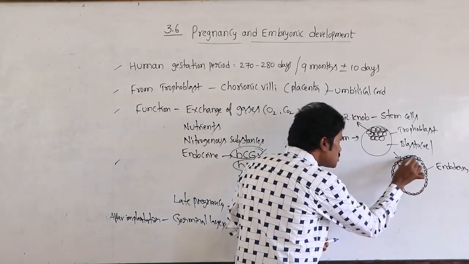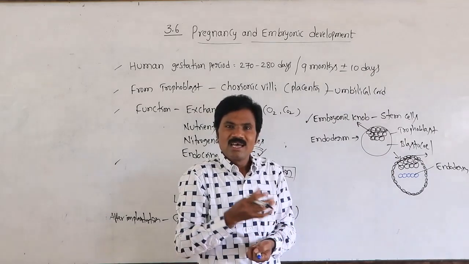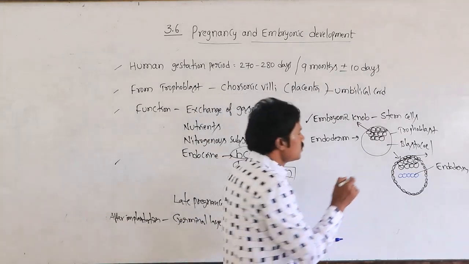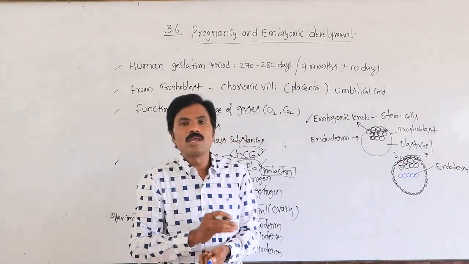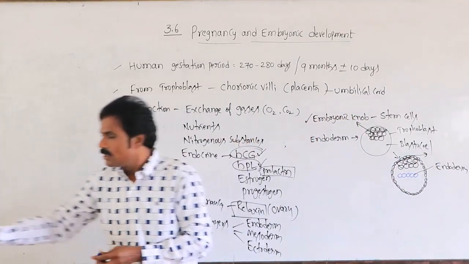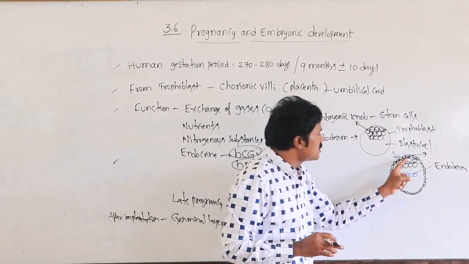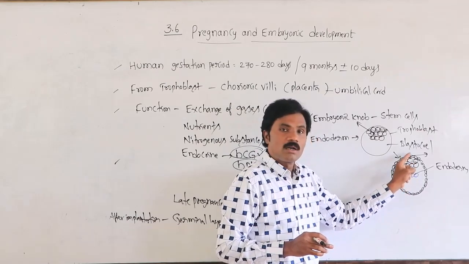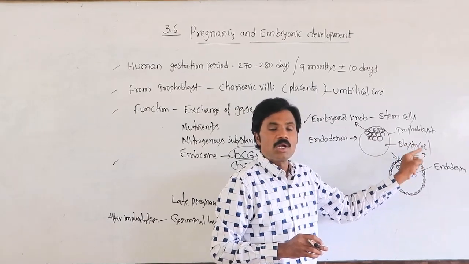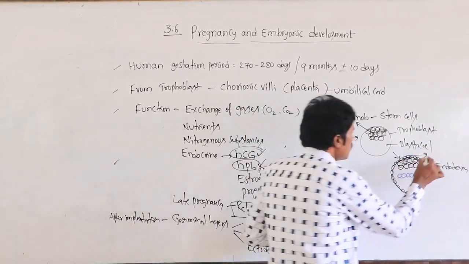The trophoblast cells towards the embryonic knob are the specific cells related to the Rauber's cells.